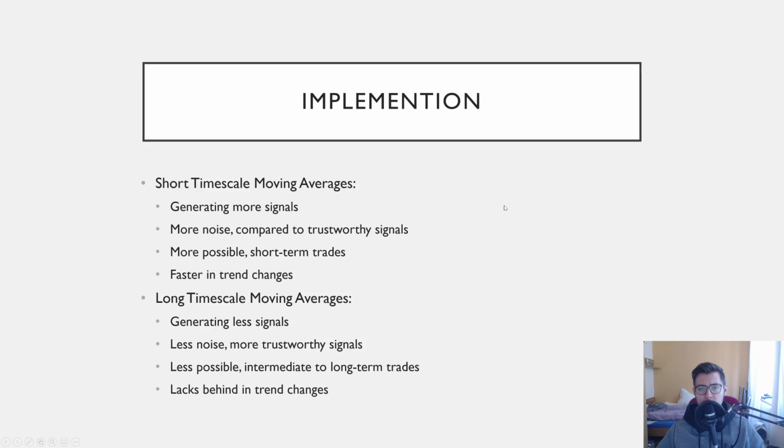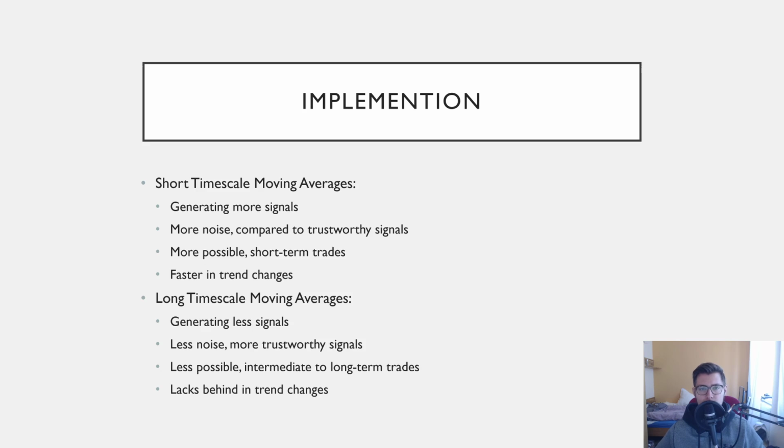So moving on to the implementation of the moving averages, and there are actually some different ways, of course, of implementation. First of all, you have short time scale moving averages and long time scale moving averages. The shorter time scale ones usually generate more signals, but of course there's a downside because there is more noise compared to trustworthy signals.